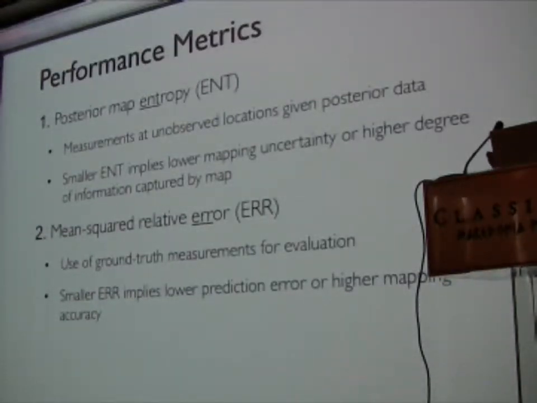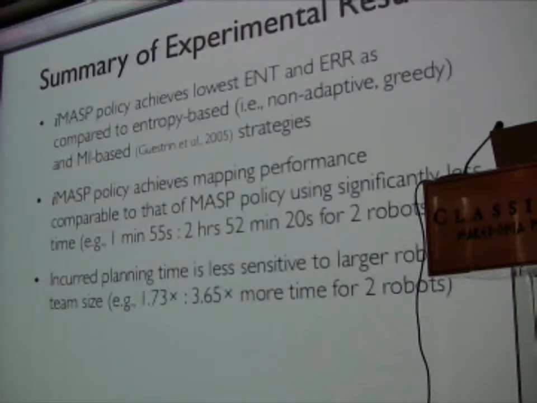First is the posterior map entropy, which is the entropy of the measurements at the unobserved locations, given the data collected by the robots. The second one is the mean squared relative error, which allows me to use the ground truth measurements for evaluation. For both of them, the lower the metric, the better.